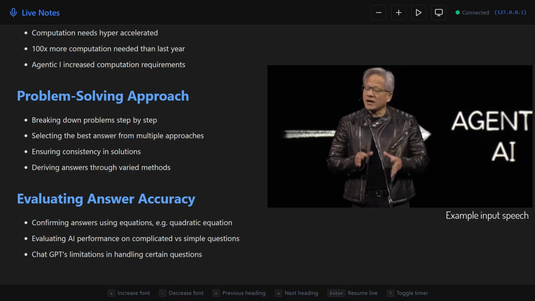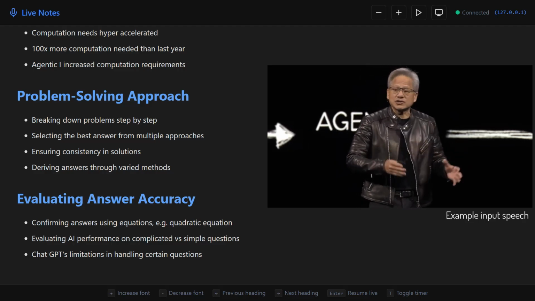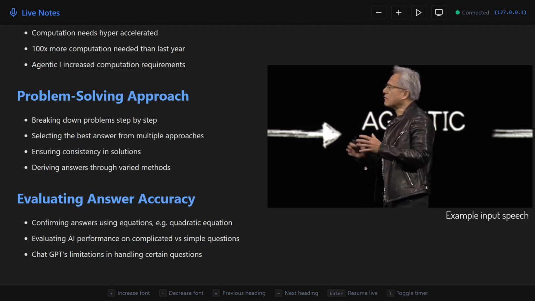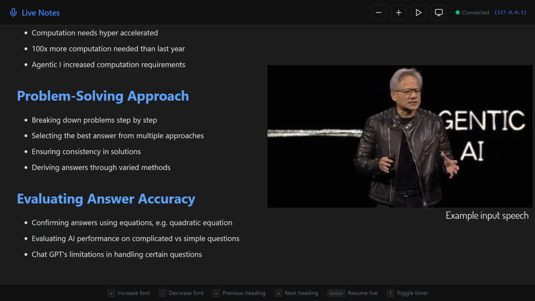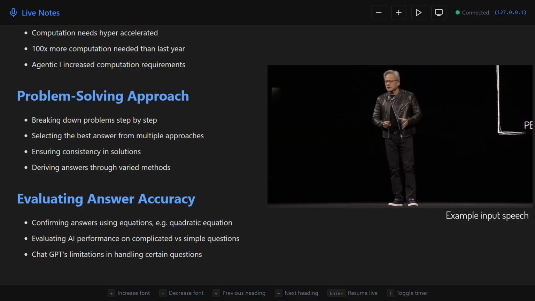Now, we have AIs that can reason step by step by step, using a technology called chain of thought, best of n, consistency checking, a variety of different path planning, a variety of different techniques. We now have AIs that can reason, break a problem down, reason, step by step by step.